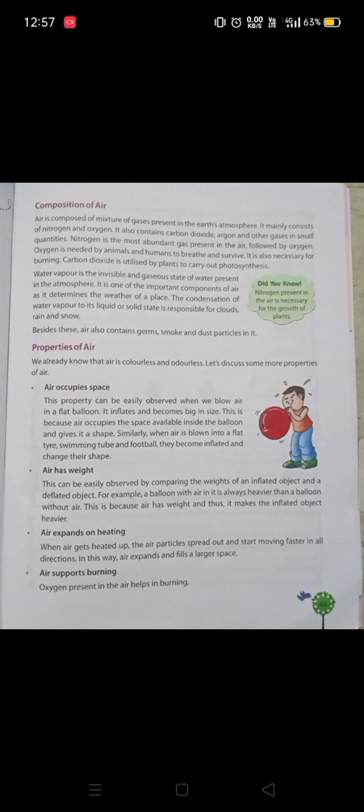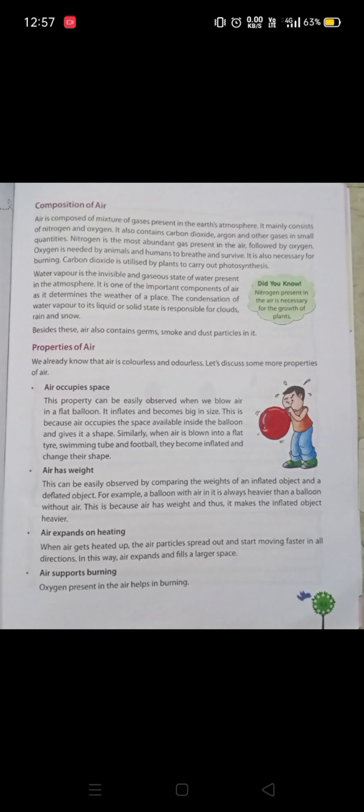Air has weight. Now we are going to study that air also has weight. How can we prove this? This can be easily observed by comparing the weights of an inflated object and a deflated object. You take one flat balloon and one inflated balloon. You can easily see the weight of these two things.